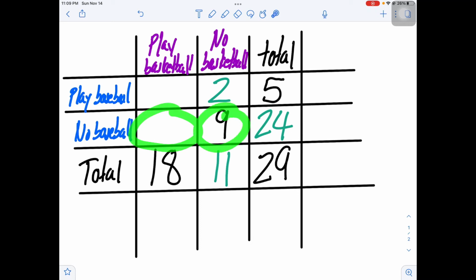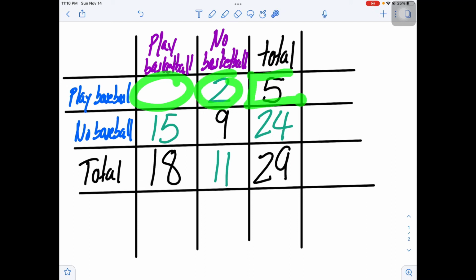So this number plus 9 is equal to 24. Or I can go backwards. 24 minus 9 is 15. And finally, I can get my number here. This number plus that number is equal to 5. So I can go backwards. 5 minus 2 gives me 3.